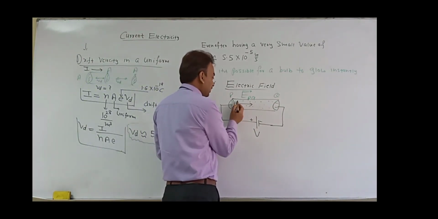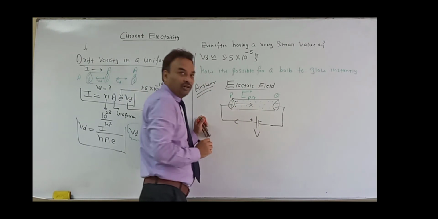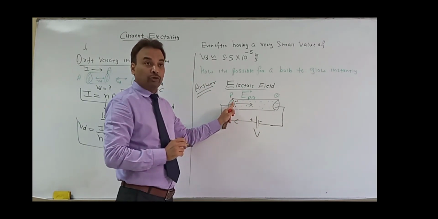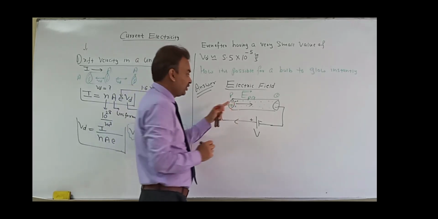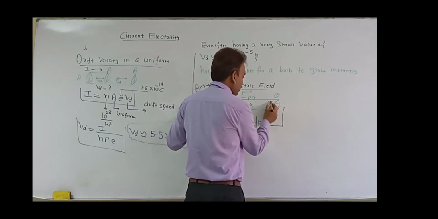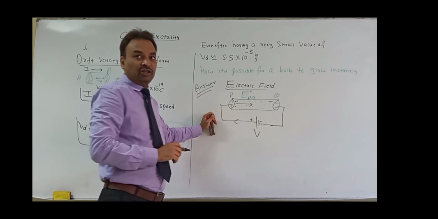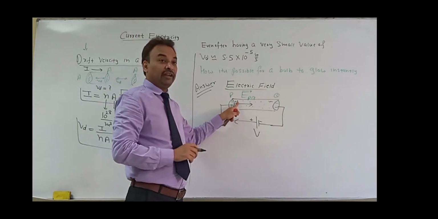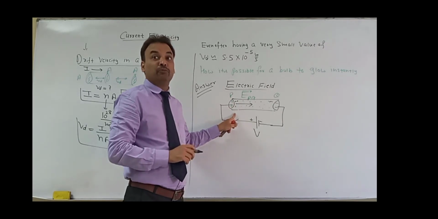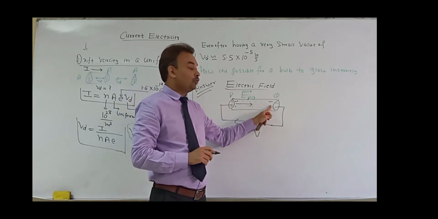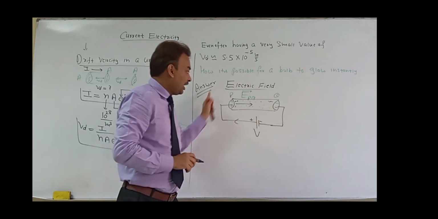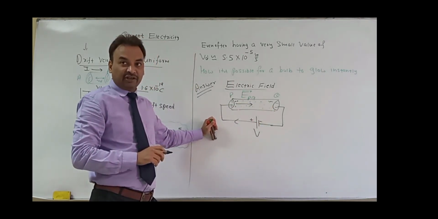Suppose this electron is accelerated, very fast this electron will reach here, so it will contribute to the conductivity. Depending upon its position, it will be accelerated. The electrons which are very close to the positive side get more acceleration as compared to the electrons which are far away. So all the electrons in every part of the wire get accelerated.